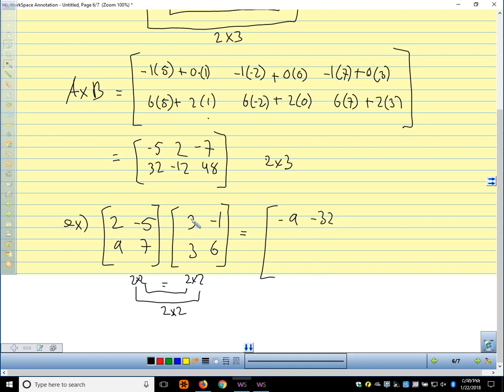Second row, first column, 27 plus 21, 48. Second row, second column, negative 9 plus 42, 33. And that would be my result.